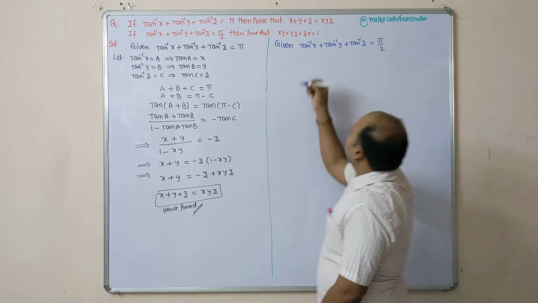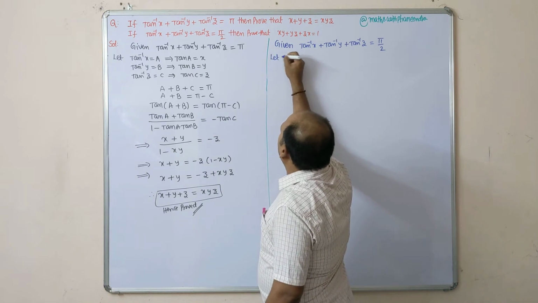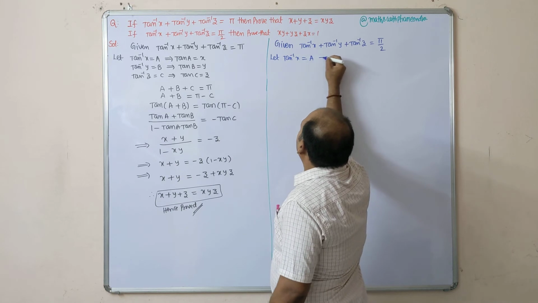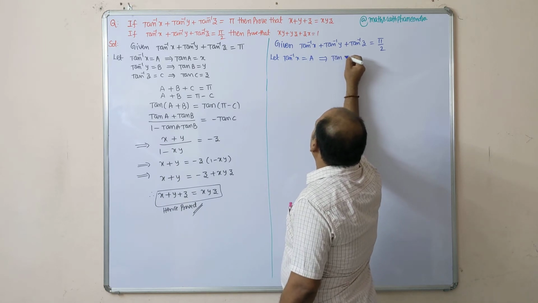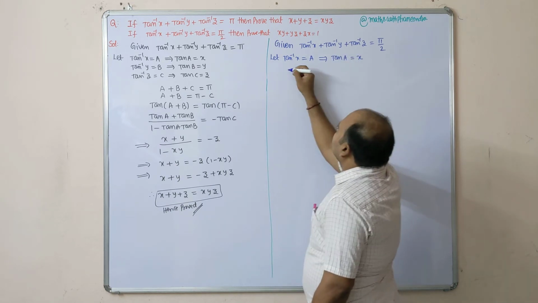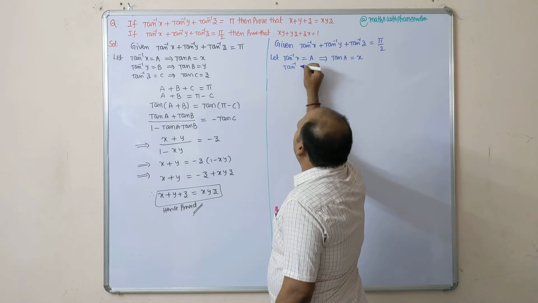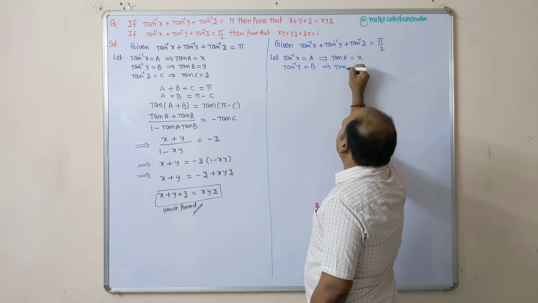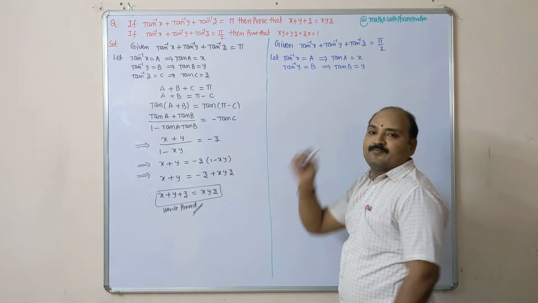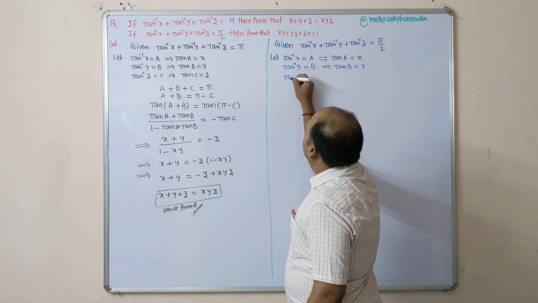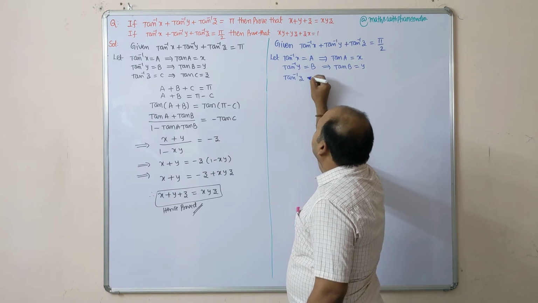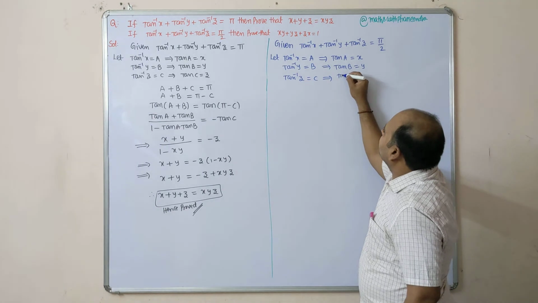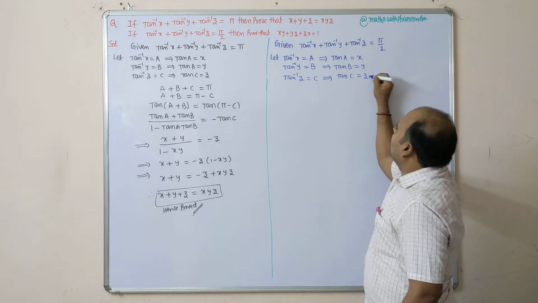So let tan inverse x equal A, that implies tan A equals x; tan inverse y equal B, that implies tan B equals y; tan inverse z equal c, that implies tan c equals z.